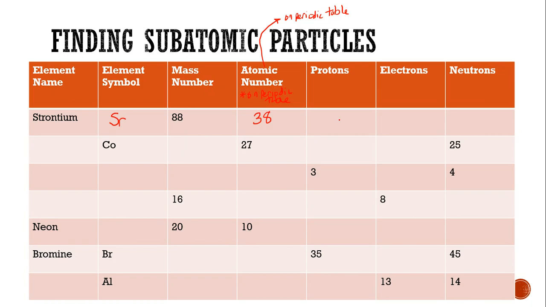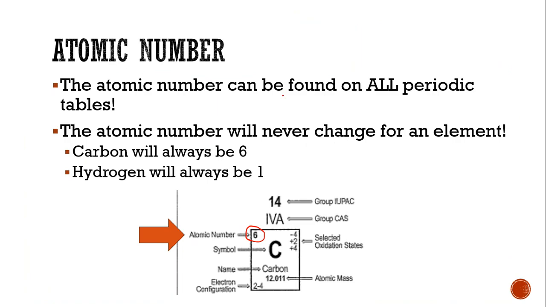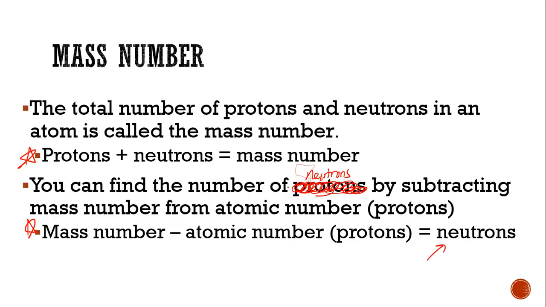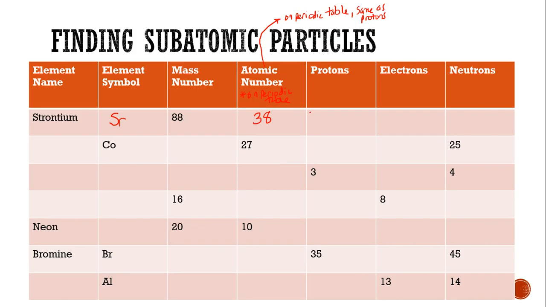Now, how do I fill in protons, electrons, and neutrons? Well, if we know the definition of the atomic number, which we wrote down earlier in our notes, atomic number is the same as protons. So if my atomic number is 38, my protons would also be 38.